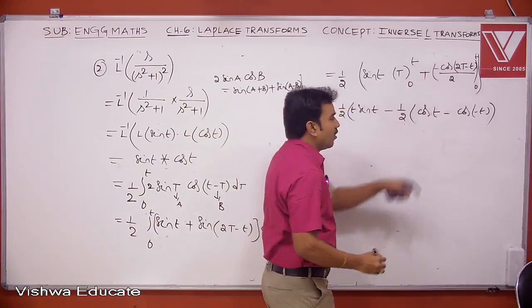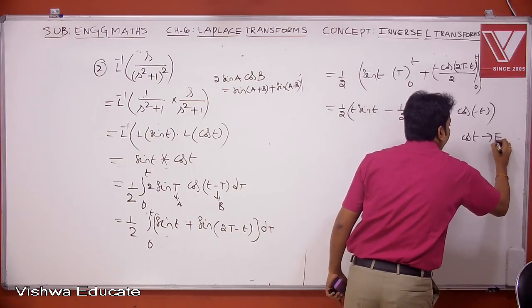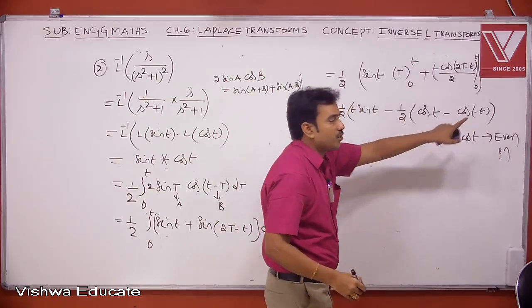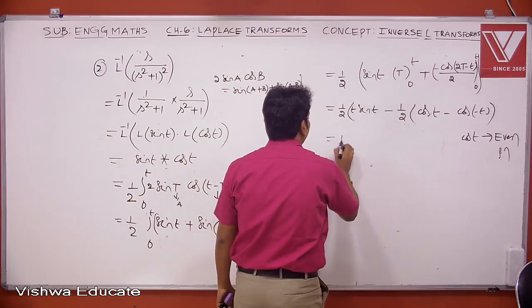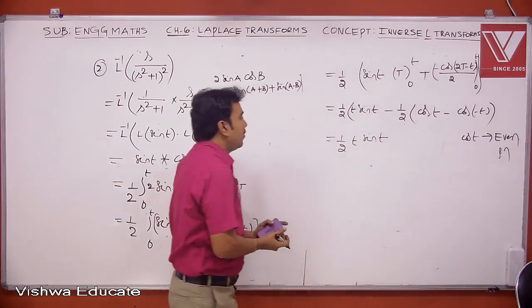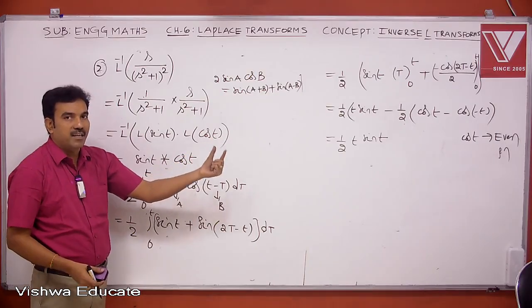But we know that cos is an even function. Therefore cos of minus t is the same as cos of plus t, and that will be cancelled. So the result is half into t sin t. Therefore the inverse Laplace of this function is half of t sin t.